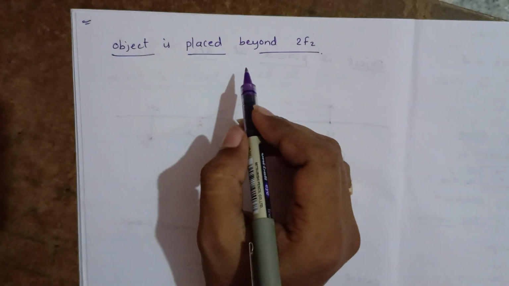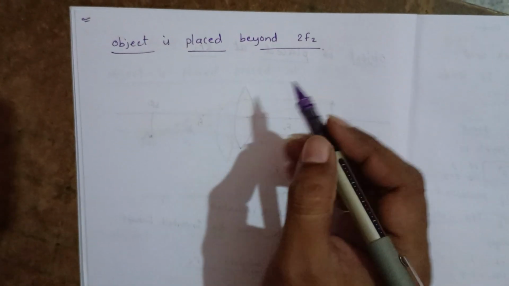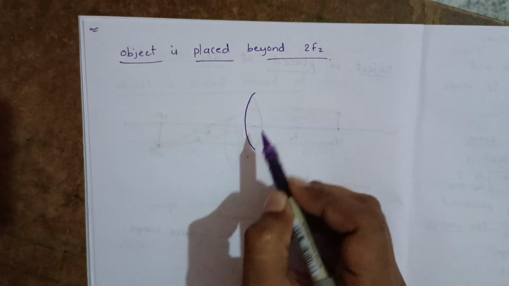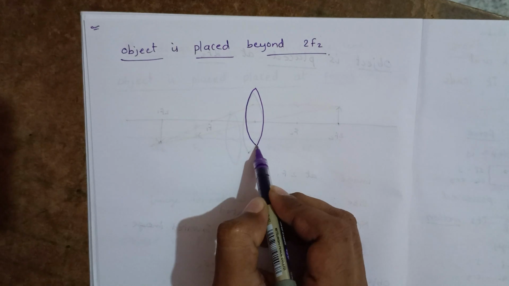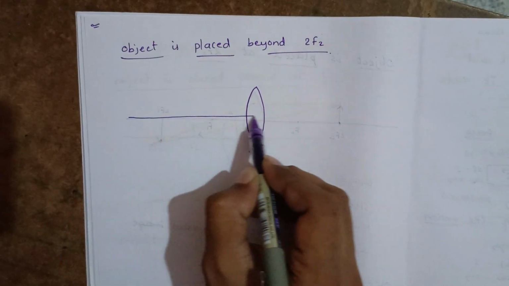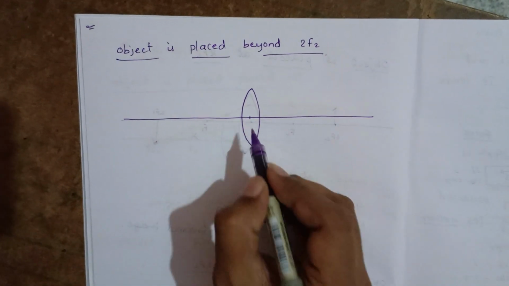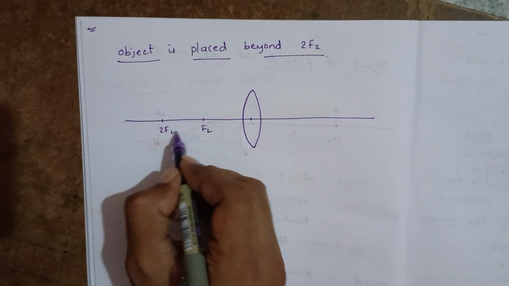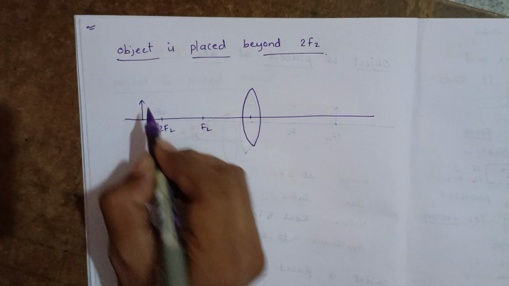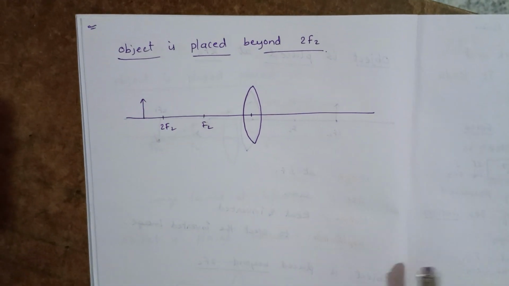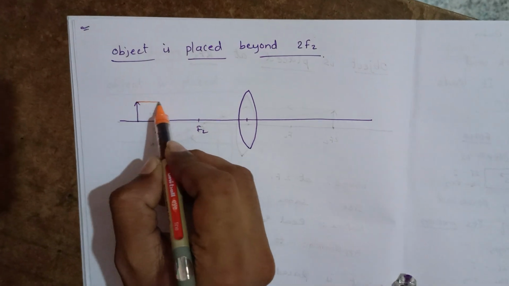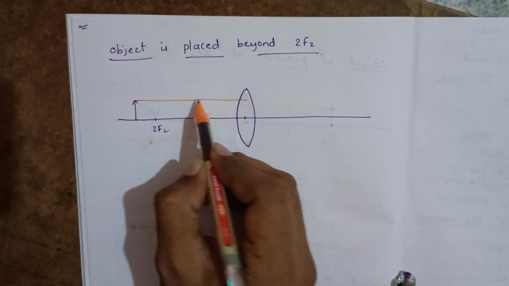Now the object is placed beyond 2f2. Now we will take again the biconvex lens, principal axis, optic center, f2, 2f2. Here is the object. Now we will take two rays. One is passing parallel to the principal axis.